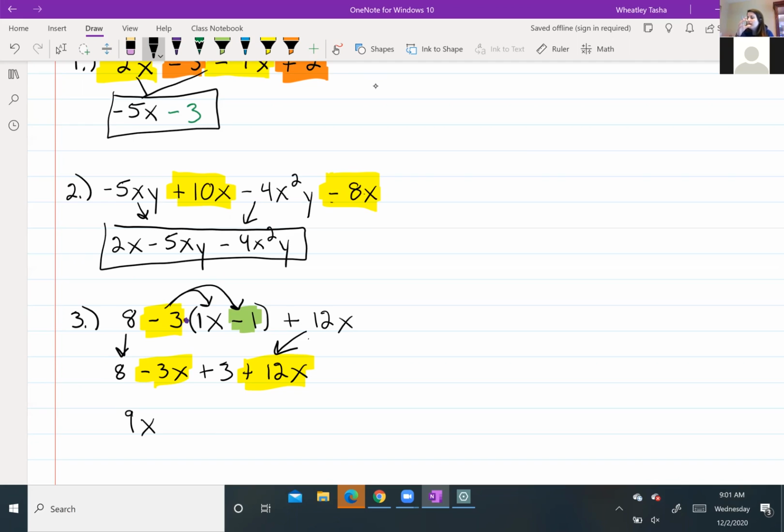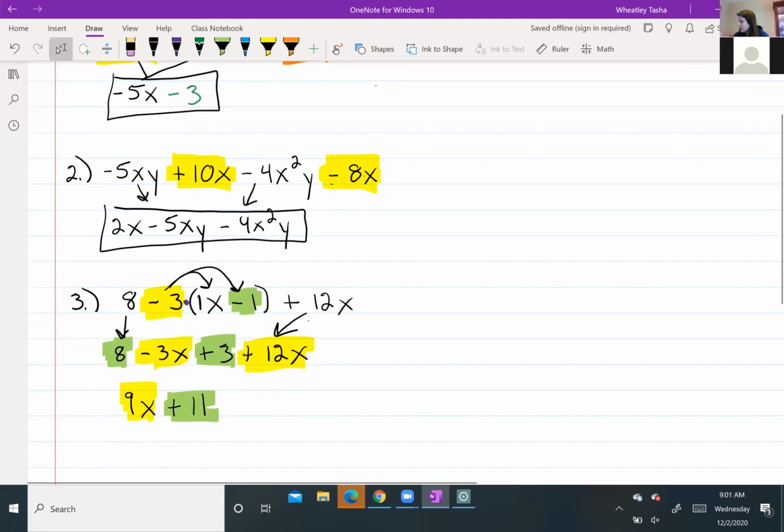And then the other piece of it, if you said you could also combine +8 with +3, that is correct. Or you could bring those down and then check again if you can combine, but you can do it in one step. So 8 plus 3 would give you +11. So basically, this comes from there, and then +11 comes from the 8 and the 3.